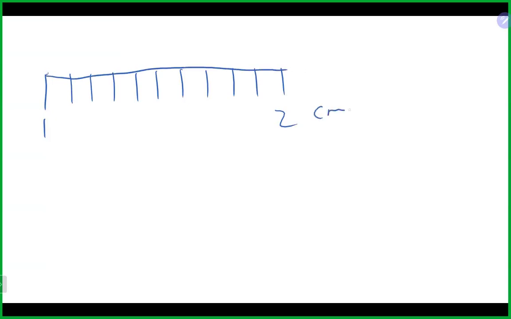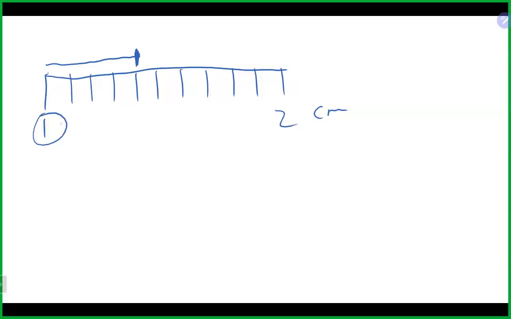Now, let's go back to our original ruler there. So we have an arrow here, and we can go right dead on that line. So once again, this is the same scale that we had on our first ruler.